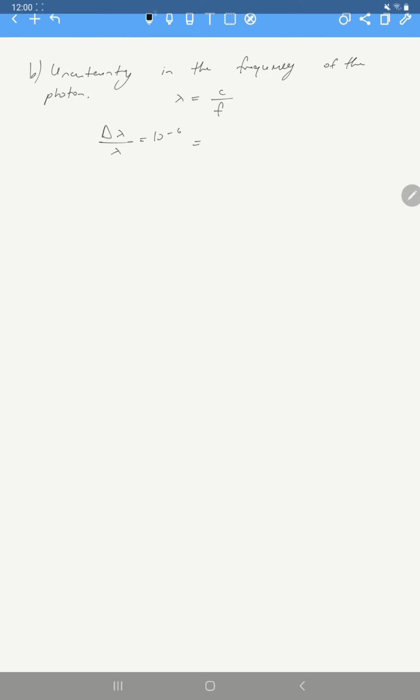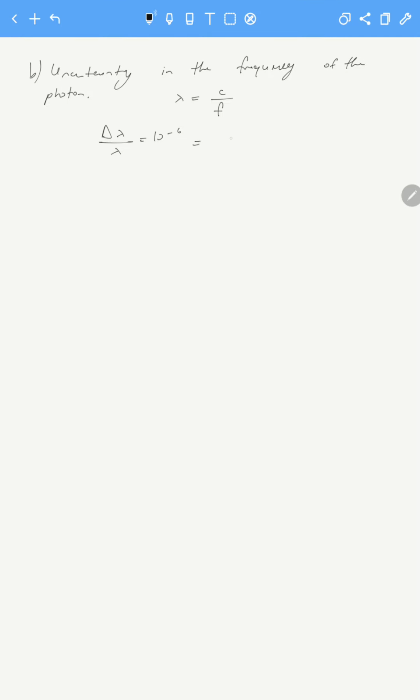Now since c is a constant, it just does not really matter, so we can just write it like this.